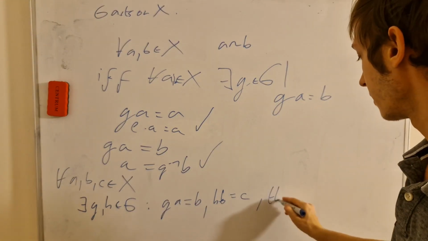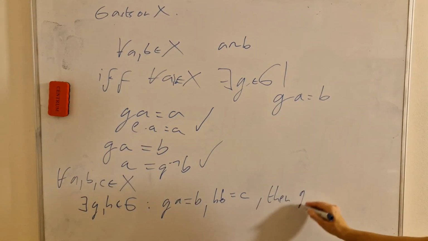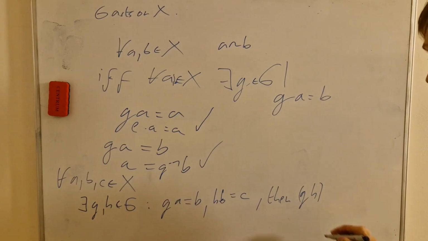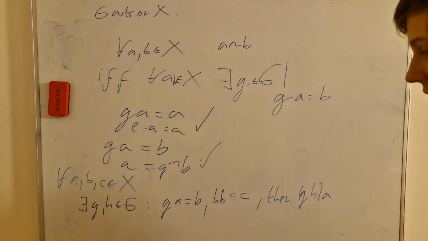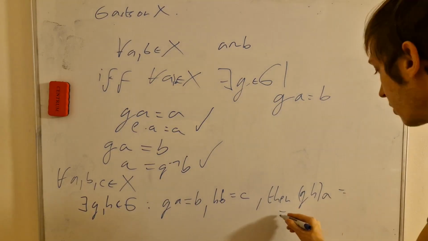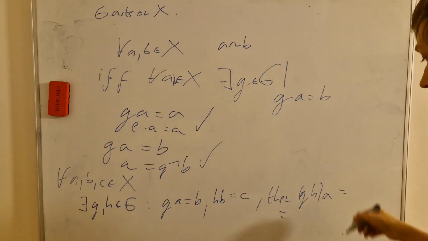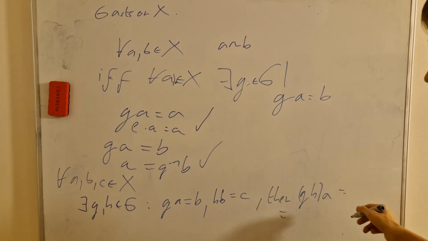And then we can take GH together like this and act it on A, but see that it actually has transitivity because we can reorganize the associativity parentheses.